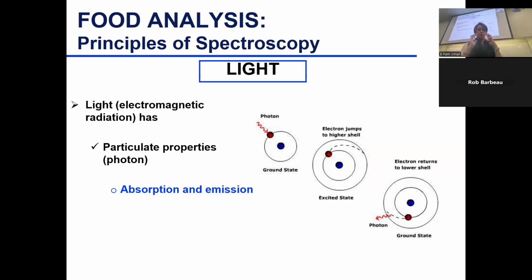electrons within this atom. When it's hit by a photon of light, if it is within its acceptable range of energy, I'm going to use this term, acceptable range of energy levels. Remember that: acceptable range of energy levels.